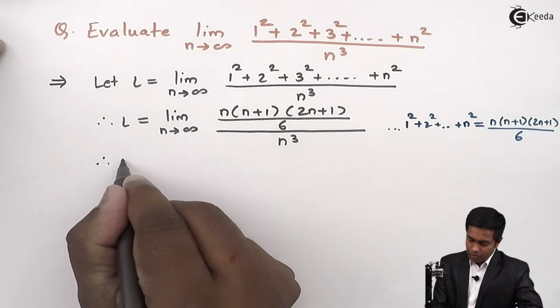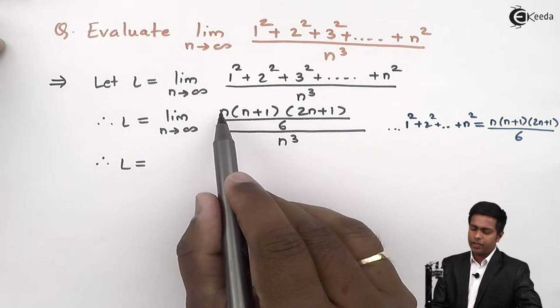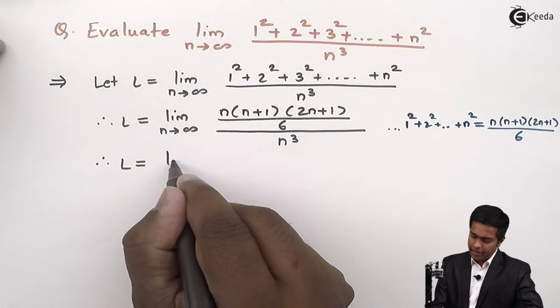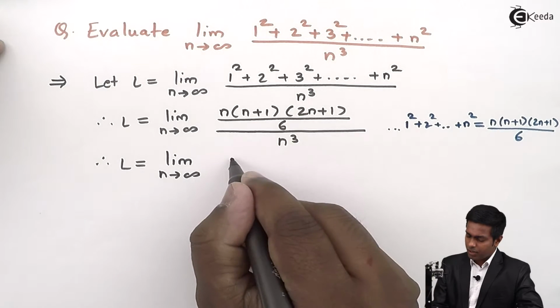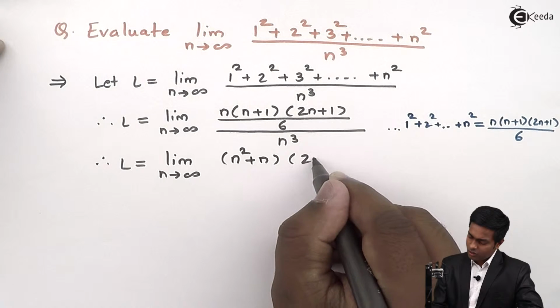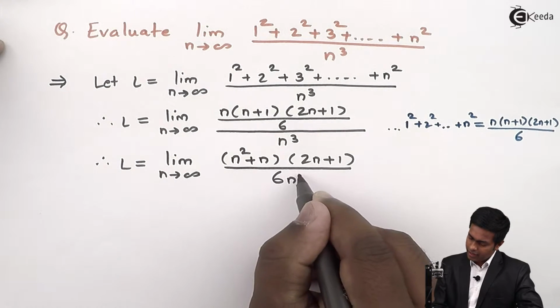Next we'll simplify the terms. So here I'll multiply this bracket with n, and this 6 will go in the denominator. So we'll get limit n tends to infinity of n square plus n, into 2n plus 1, upon 6n cube.